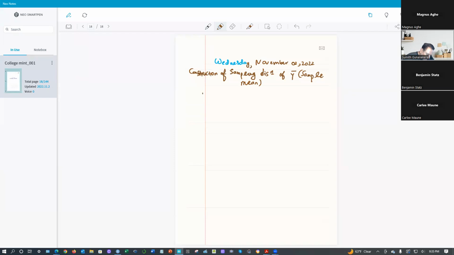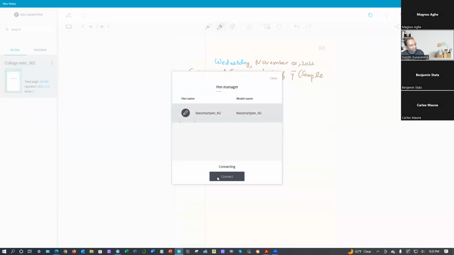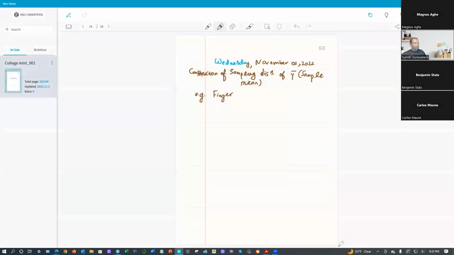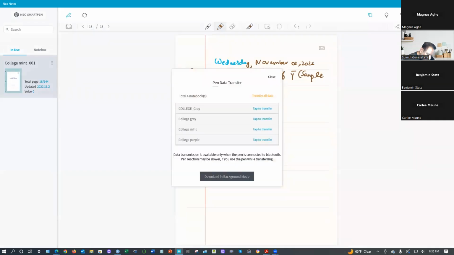We can get this done as an example. I'm gonna use the fingers data.